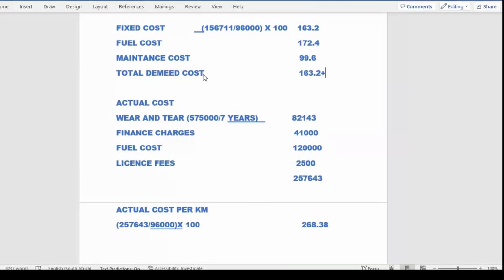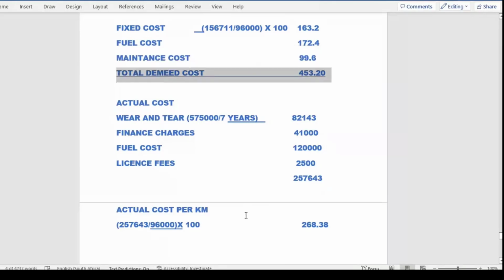So I've got 435.20. That's the total. The reason why we calculate the deemed cost along with the actual cost is because when we calculate the travel allowance, we need to take the bigger figure between the two, right?